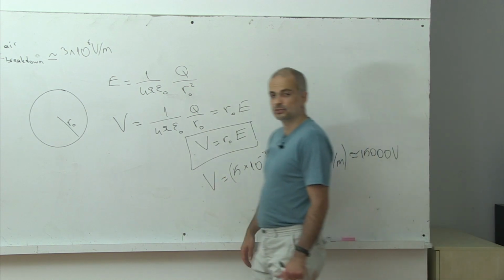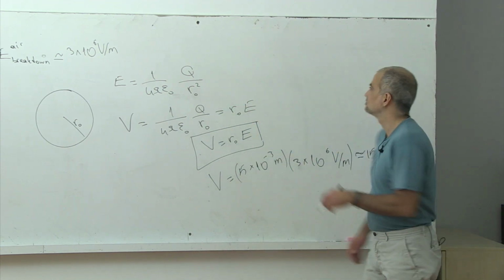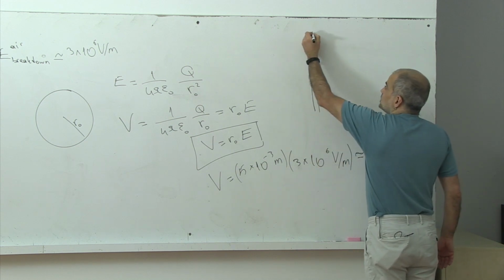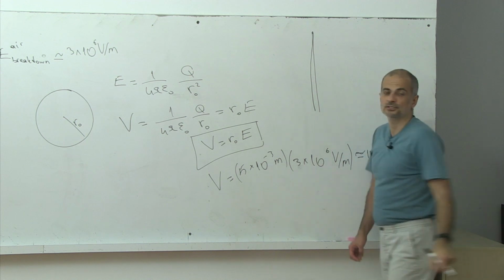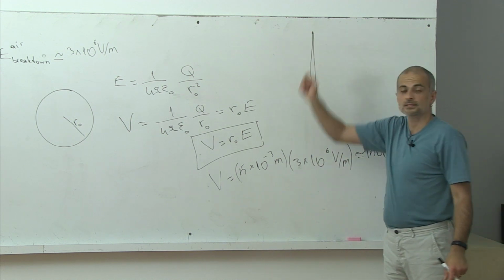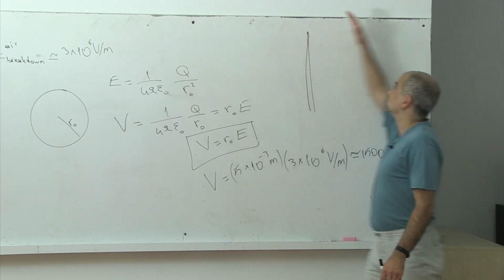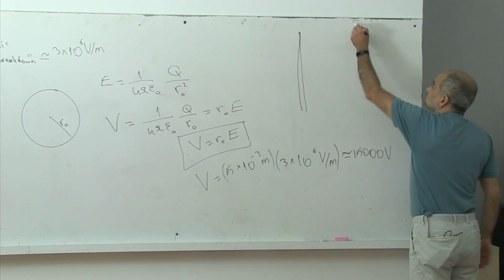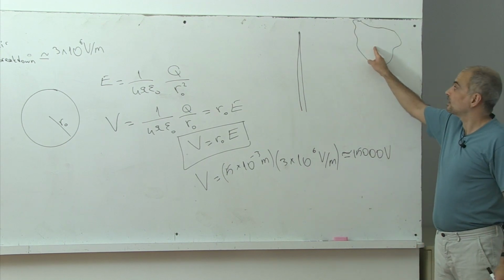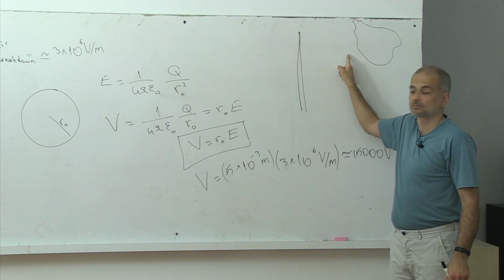Now, this also tells us something about very sharp tips. You can just consider the tip as a very small sphere. So for example, if there is a thundercloud, it will create a large potential difference between the tip and the thundercloud.